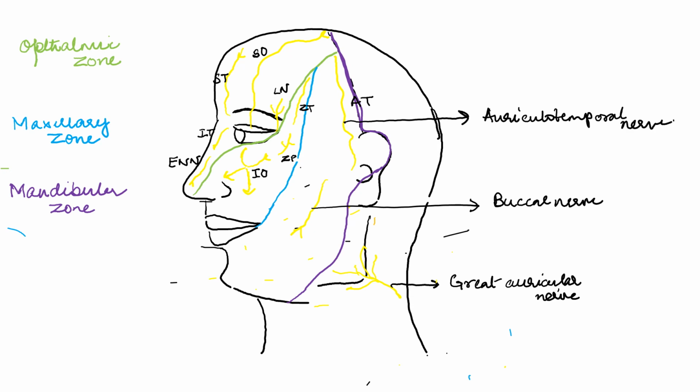And the skin of the lower lip as well is supplied by the mental nerve. The great auricular nerve, as we discussed earlier, is a branch from the cervical plexus. Okay, so this is how we map the face into its three zones.